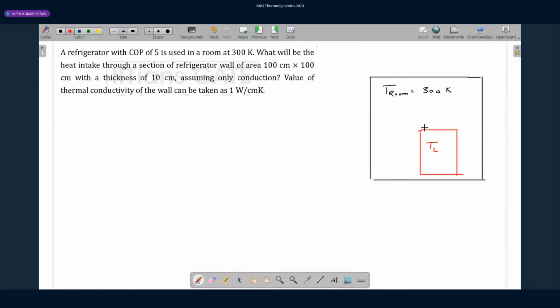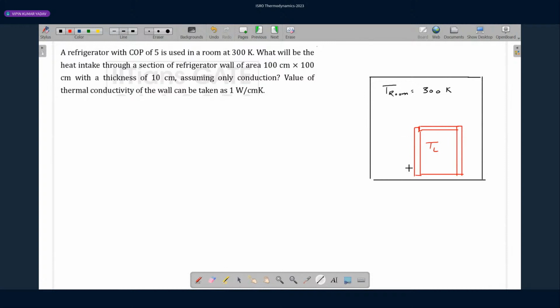And they are saying that this wall of this refrigerator, the area of the wall is given and the thickness is also given.